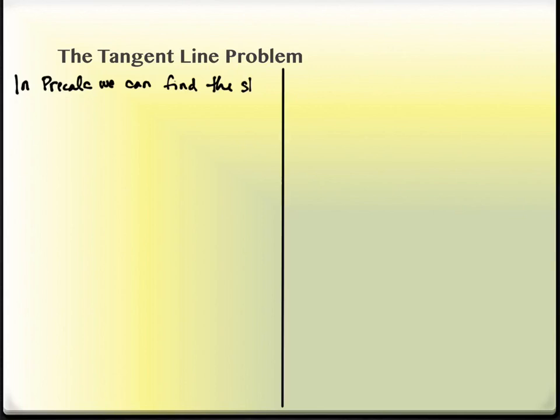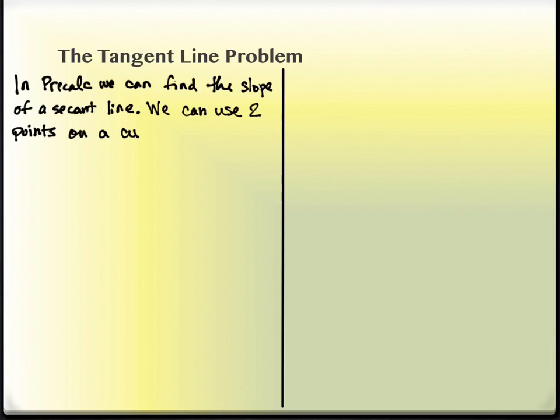To find the slope of a secant line, we can use 2 points on a curve and calculate the slope between them.